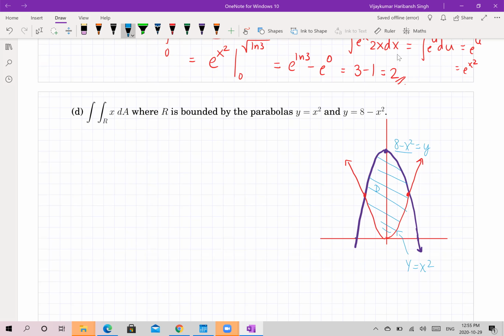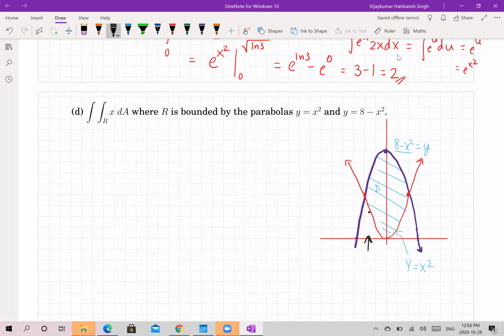Now we want to integrate this, so we want to give limits to x and y. First we need to investigate which kind of region it is, x first or y first, right? Well, if you take an arrow parallel to the direction of y, you hit this curve first and then you go out this curve.